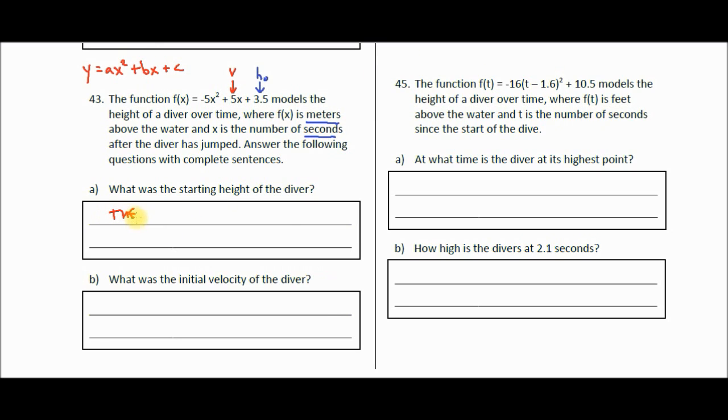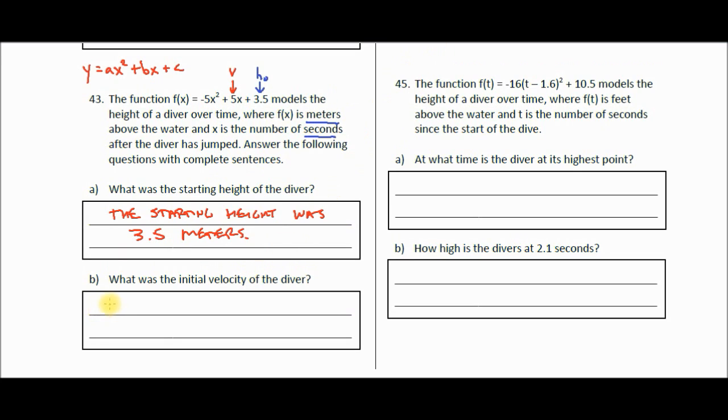I don't know how bored you are at this point. This is so simple. The starting height was 3.5. Our unit of measure is meters. It's actually pretty high up. Okay, what was the initial velocity?